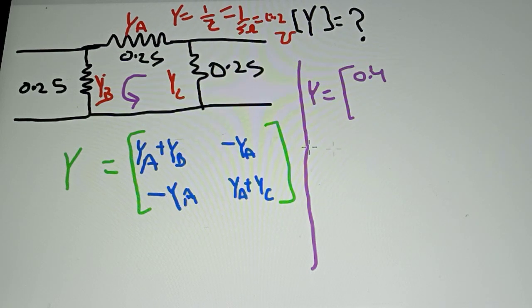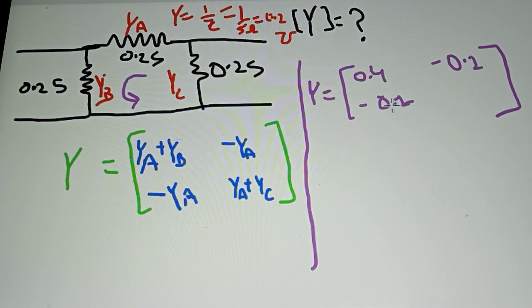Then minus YA, that is minus 0.2. Same here, minus 0.2. So A12 will also be minus 0.2 and A21 will also be minus 0.2. Now A22, this term right here, will be YA plus YC, 0.2 plus 0.2, which is again 0.4.